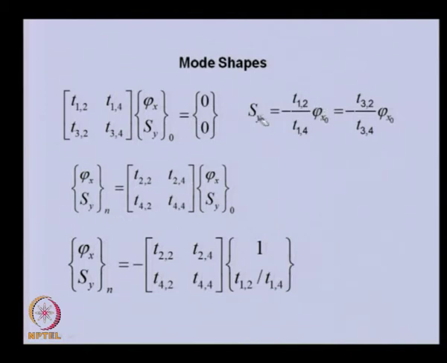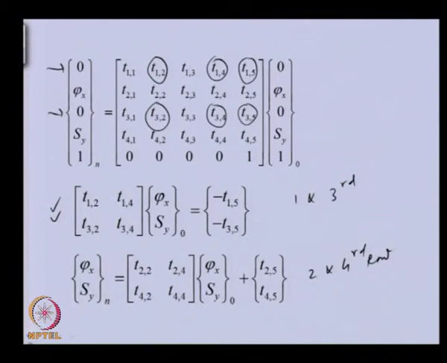Here we have related the state vector at the 0 station, the shear force, with the angular displacement. Now, this is the second set of equations which we obtained, this one.